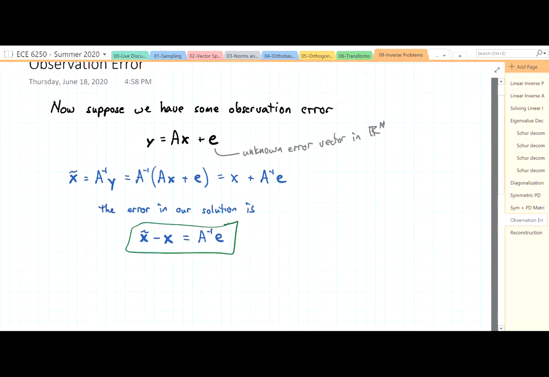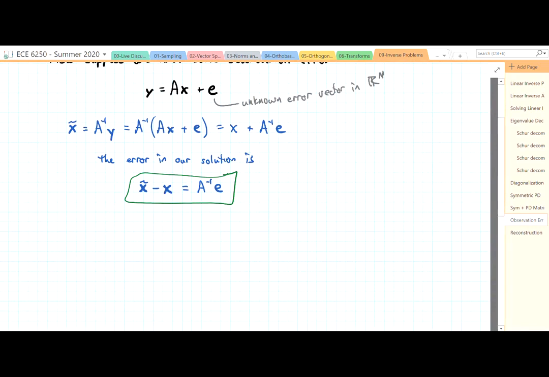Okay, let's suppose our error is really small. What is this going to look like?